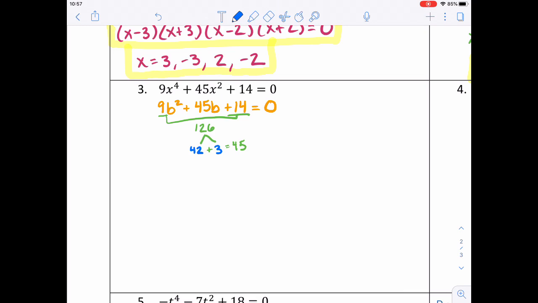Next thing we need to do is divide. And we always divide by what we slide, which is this first coefficient. So we're going to divide them both by 9 and simplify. When we simplify 42 over 9, they're both divisible by 3. That's 14 over 3, and this one simplifies to 1/3.